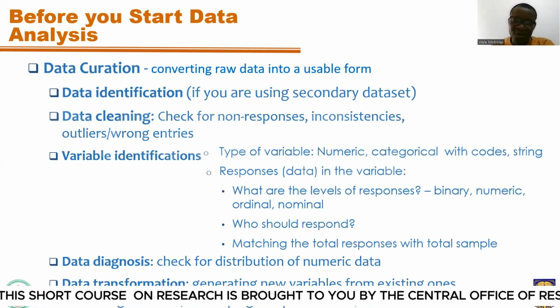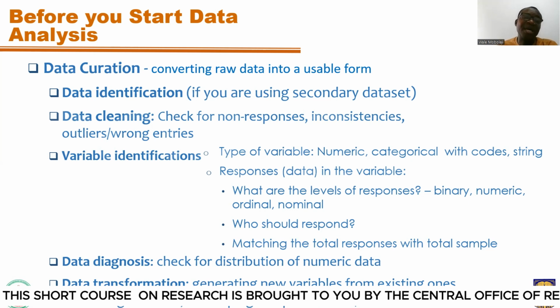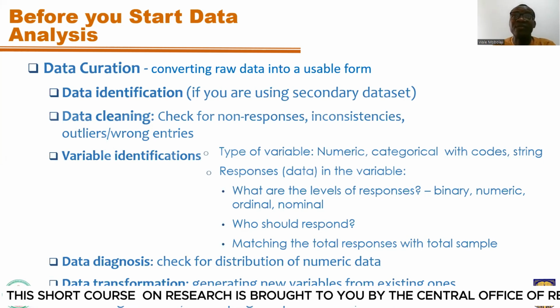Sometimes, let's say you are carrying out a study that addresses adolescents. Let's say you are defining adolescents as individuals from age 10 to 19, but in the data set you discover that there are some individuals of age 9 or age 20, 24, and so on.